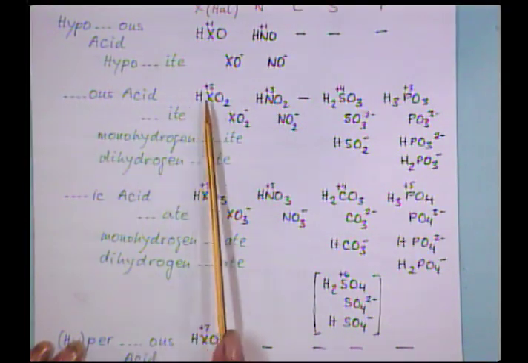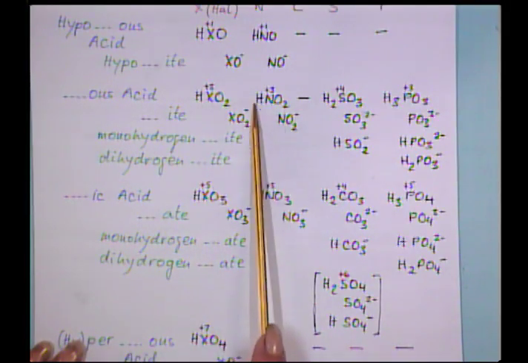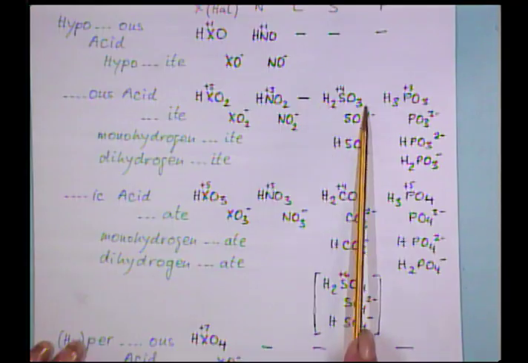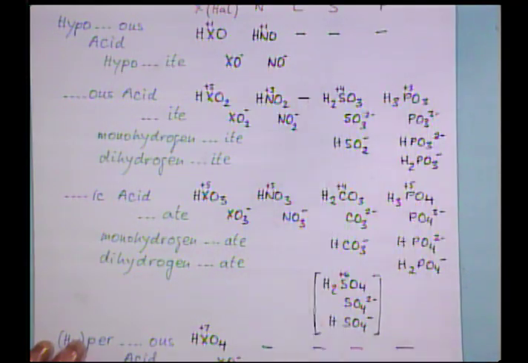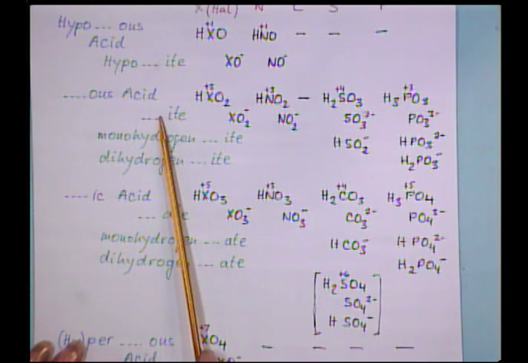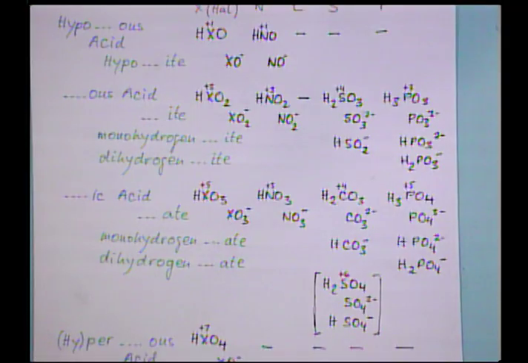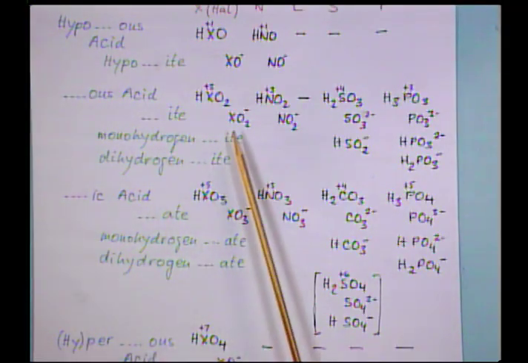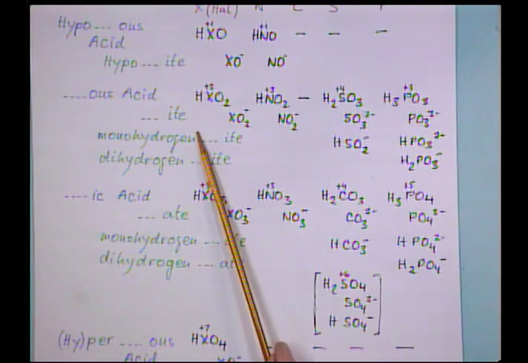So they are just called ous acids, like chlorous acid, nitrous acid, sulfurous acid, phosphorous acid. There's no such thing for carbon. The salts would be called now ites. We don't need the hypo anymore because it's not that low down in oxidation state. So ite is the ending for the salt anions that come from the original ous acid.